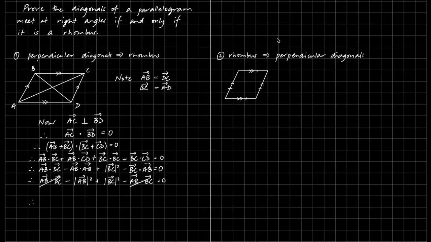And so we're left with the negative of the square of the magnitude of AB plus the square of the magnitude of BC equals 0. So just rearranging that slightly, we could say therefore the magnitude of AB squared equals the magnitude of BC squared, and that means that the magnitudes themselves must be equal.